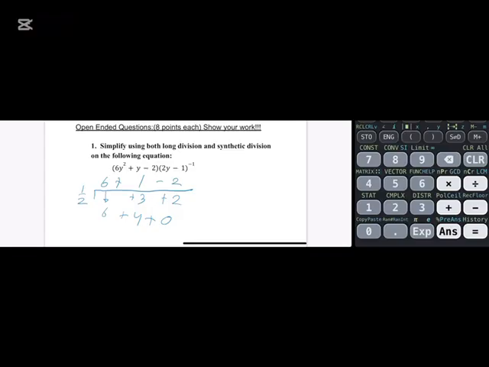So now we have 6y plus 4. So now, to simplify this even more, we divide it by 2. We'll times by half again, making this 3y plus 2.